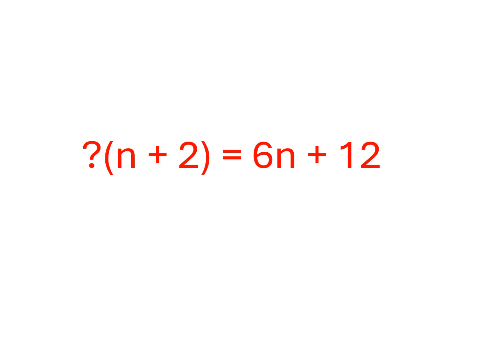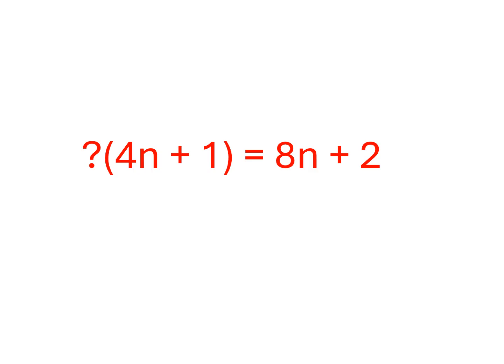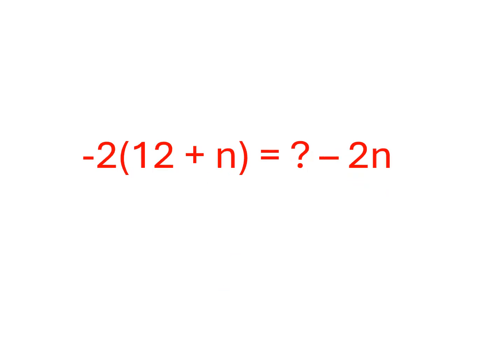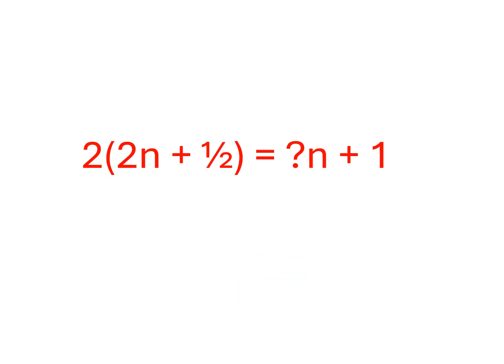Look at this one. Easy, right? Because you want to find what you multiply by 2 to get 6, to get 12, right? To get this. 6 to 12. Easy. Look at this. You want to know what you multiply by to get 2. Something times 1 to get 2. Look at that. Easy. Nice. Oh, you see fraction, you get nervous, but it's half of 1. Half of 2 is 1, right? Yep.